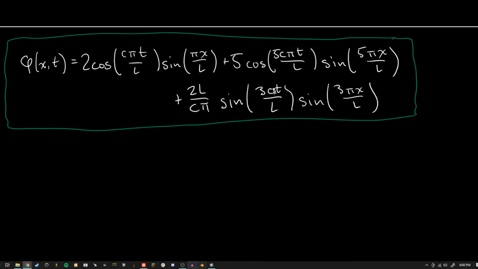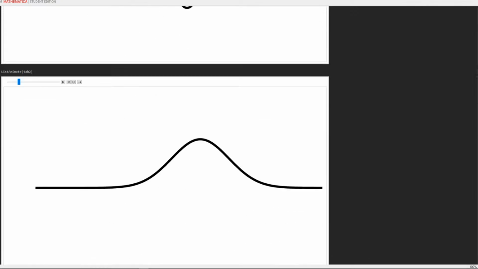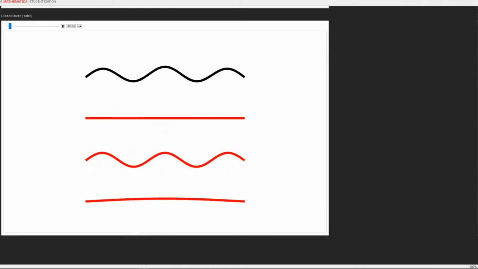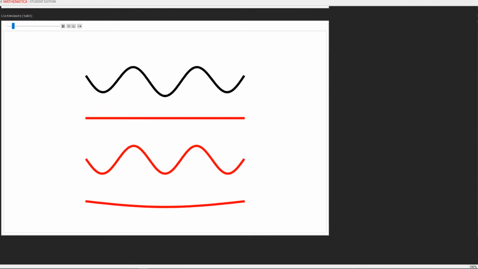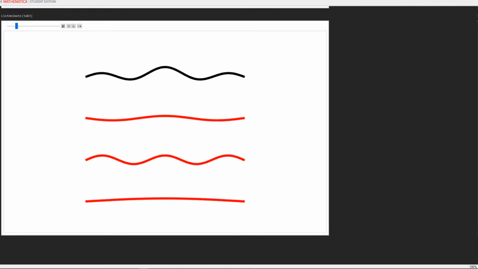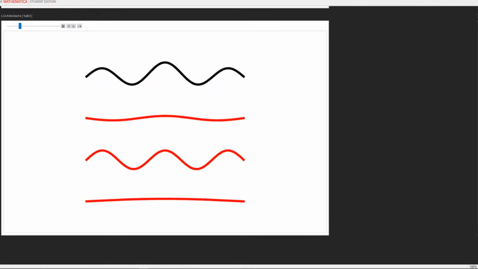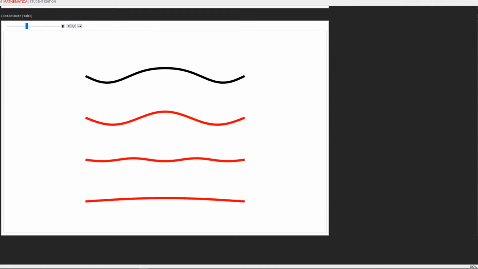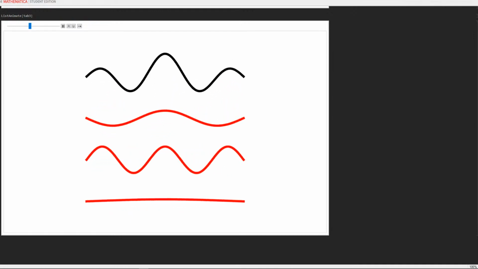So, what is this describing? Again, this is just describing a superposition of waves. It's a certain set of interfering waves, which we can see here. These are the 3 different pieces which we found. As I evolve this, the red pieces are the individual basis functions which make up the final wave equation solution, right?